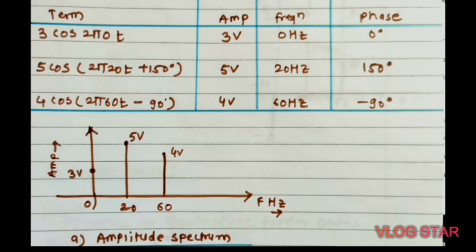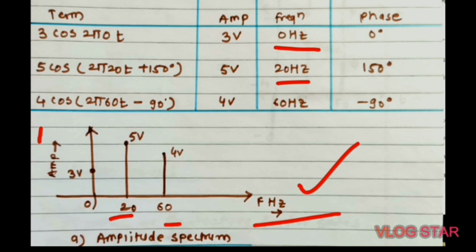The first graph is for the amplitude spectrum. On the x-axis we take the frequency parameter and on the y-axis amplitude is present. So write down first the frequency in hertz: the first frequency component is 0 hertz, then 20 hertz and then 60 hertz. Then write down the amplitude on the y-axis.